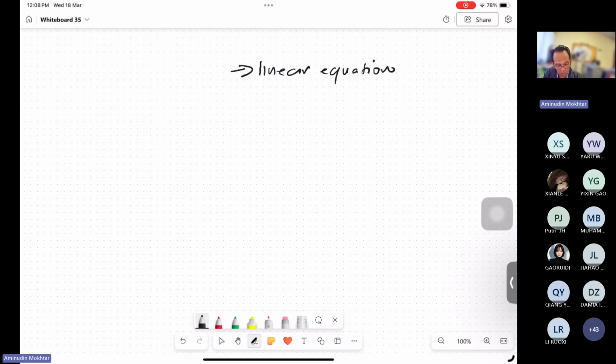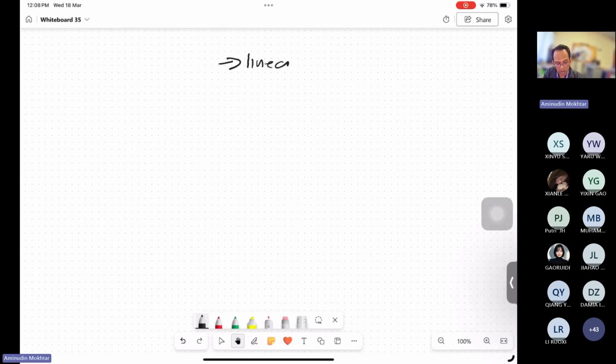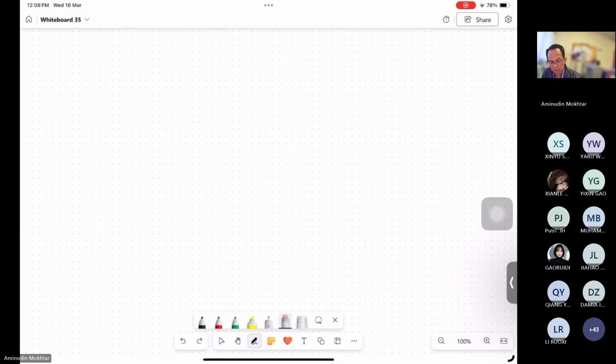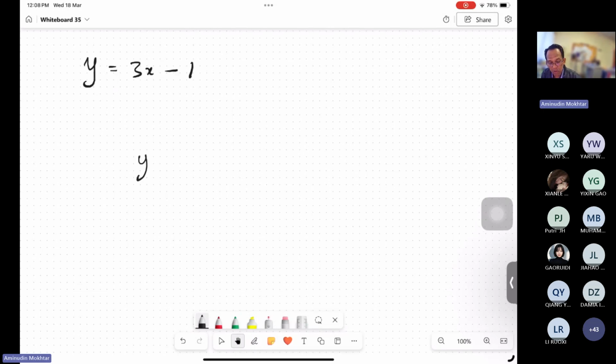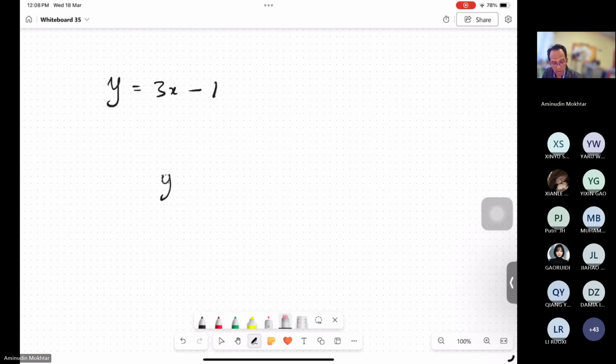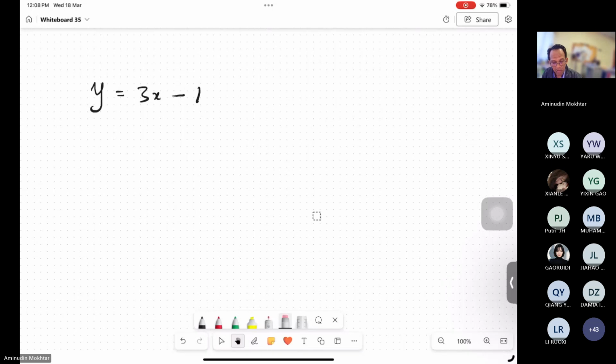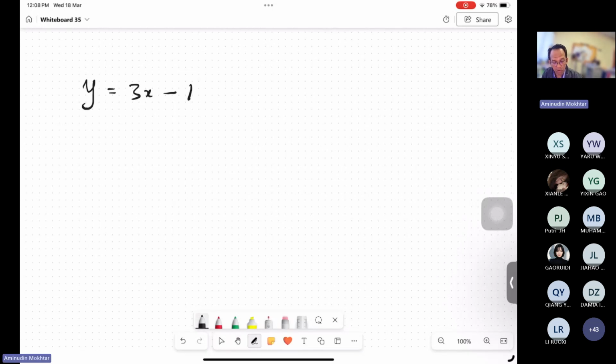So y equal to 3x minus 1. This equation is known as a linear equation.